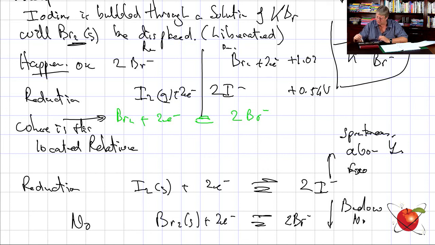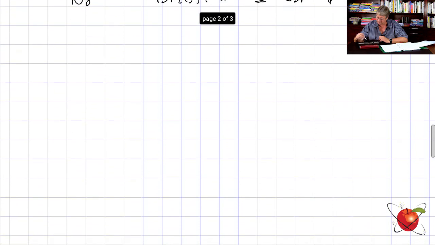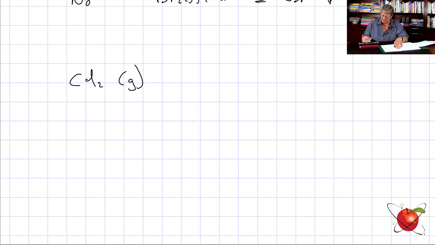Because if I take the general one, we've got Cl2 gas plus 2 electrons. This is the reduction over there. And that goes to 2Cl minus.